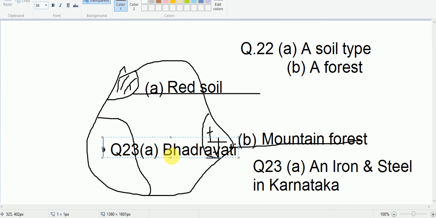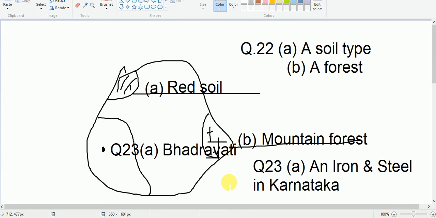Then after that you have to write the name of the iron and steel plant located in Karnataka. In our case, the name of the steel plant in Karnataka is Bhadravati. In this way you have to locate on the map of India. Location carries 2 marks and identification carries 2 marks. So you have to do identification and location on the same map provided in the question paper.